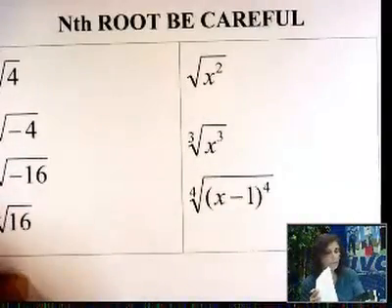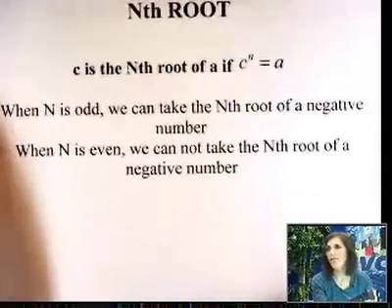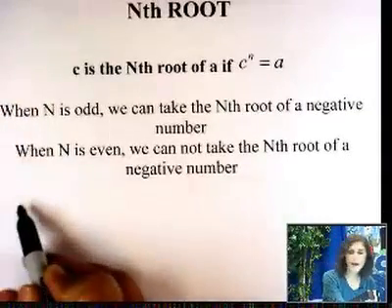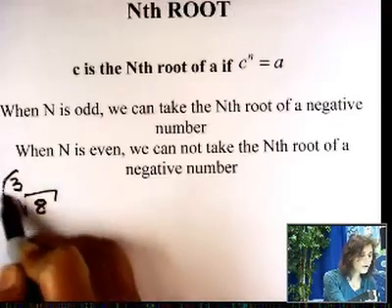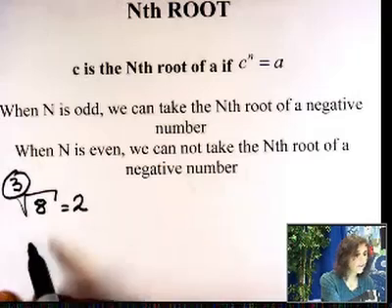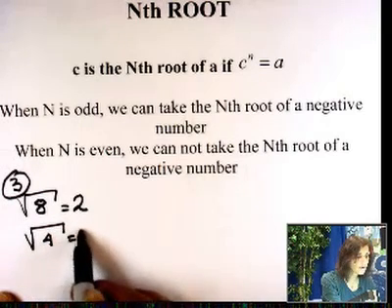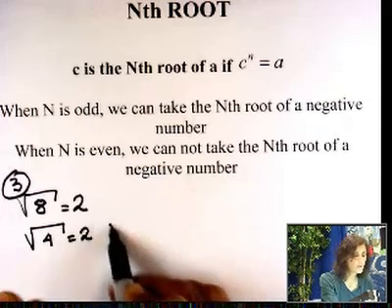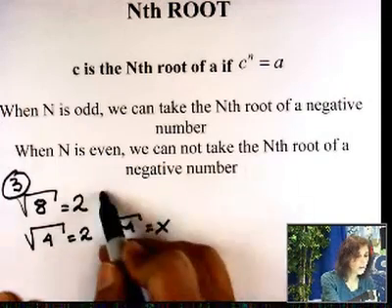Okay, let's look at a couple of things. Let me put it in here. So let's look at it. Nth root. If I want to write cube root of 8, I need to put a cube in there, and that's 2. If I want square root of 4, that's also 2. Square root of negative 4, no real answer.